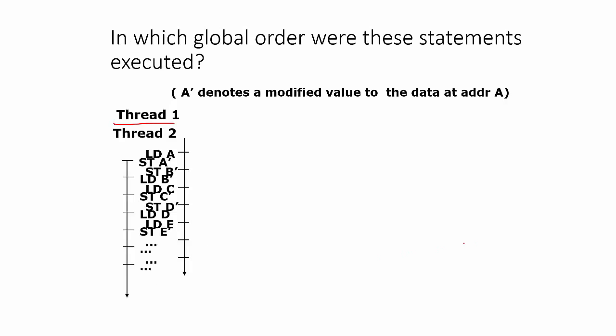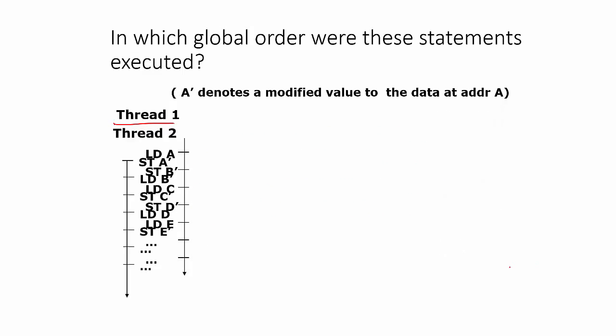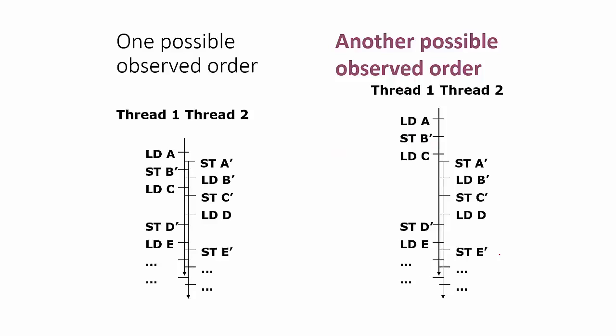So with these orderings here, as the arrows show, one possible observed order could be this, of thread 1 and thread 2. Another possible could be that the first 3 loads from thread 1 happened before thread 2 starts.